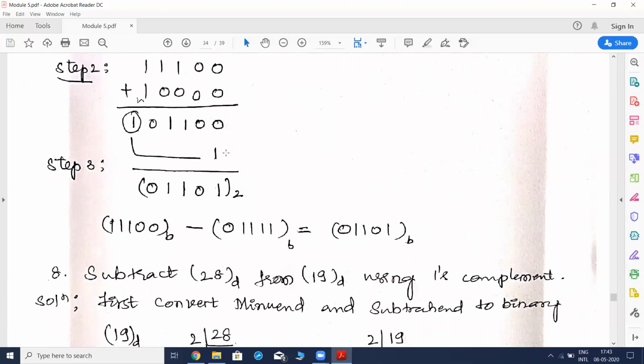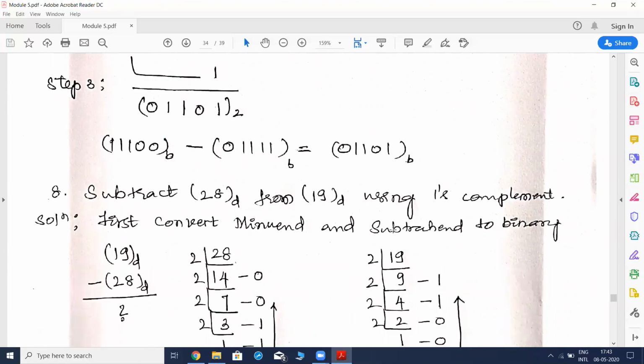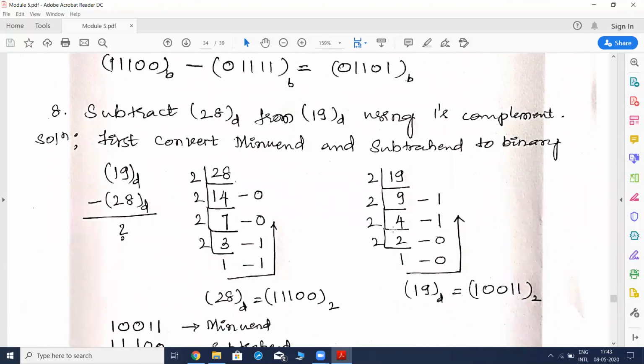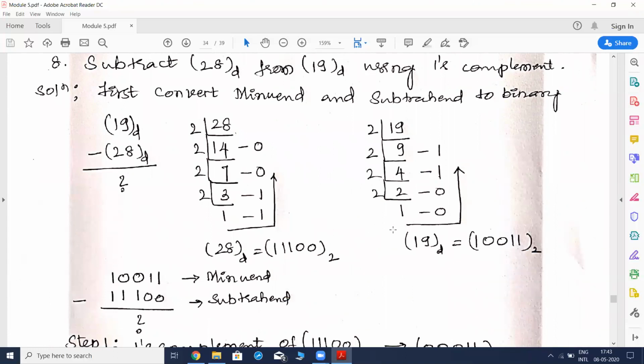Add 1 to the LSB so that you are left with the result. Your result will be 0, 1, 1, 0, 1. Like this, we need to perform the 1's complement subtraction. Here is one more example, just go through these examples.